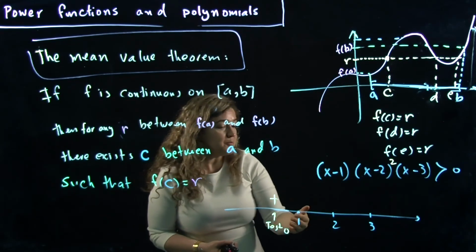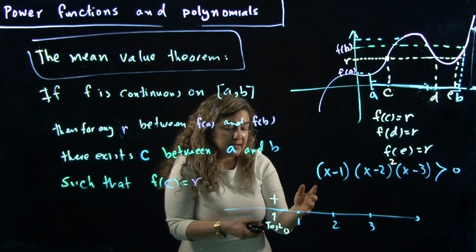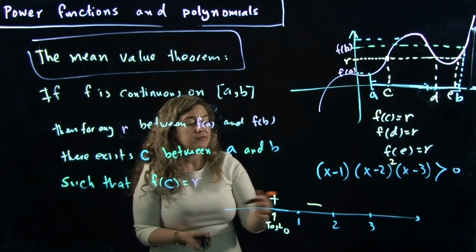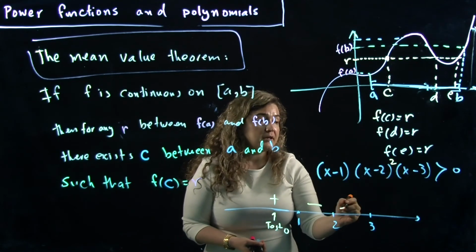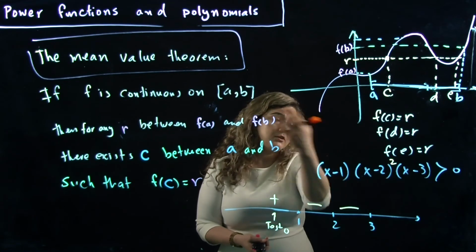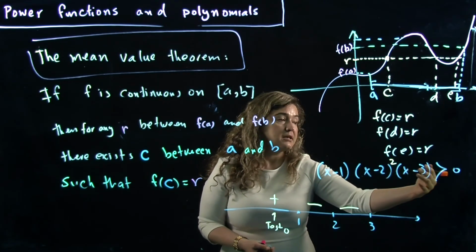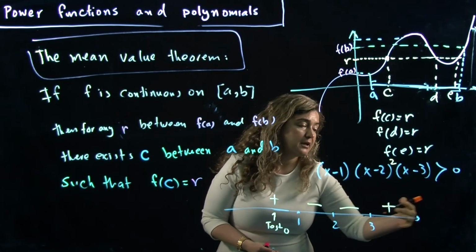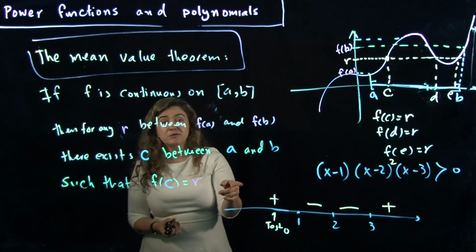So between 1 and 2, I know that there is no root, so I can guarantee the sign is not changing, or I can use a test point. At 2, I know the sign does not change, and between 2 and 3, by the mean value theorem, it doesn't change. And at 3, it's going to change sign, and I know from 3 on it's going to be positive.